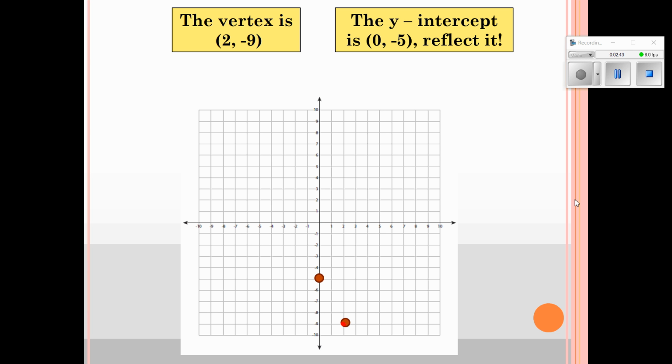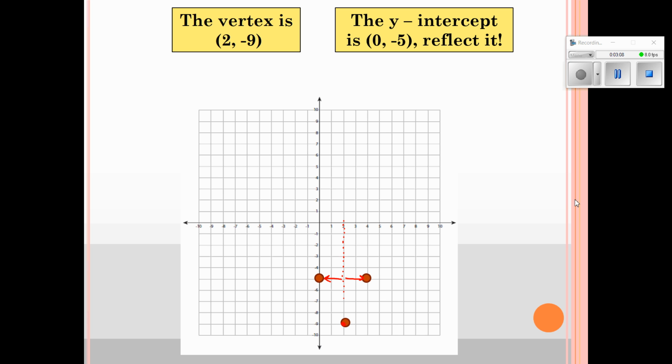Remember that the axis of symmetry is where the vertex is. So we know that the axis of symmetry is at 2 right here. Because the y-intercept is 2 to the left, to reflect it, we're going to put a point 2 to the right of the axis of symmetry. So we reflected it over the line of the axis of symmetry.